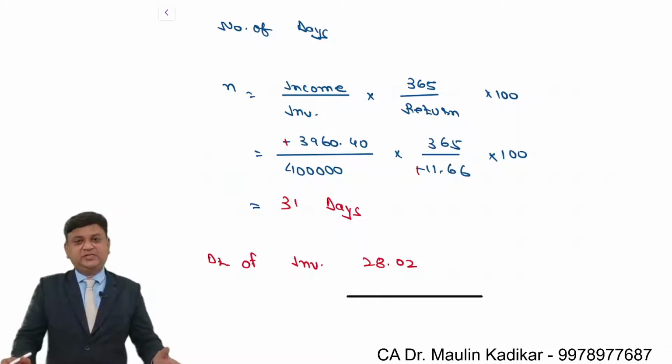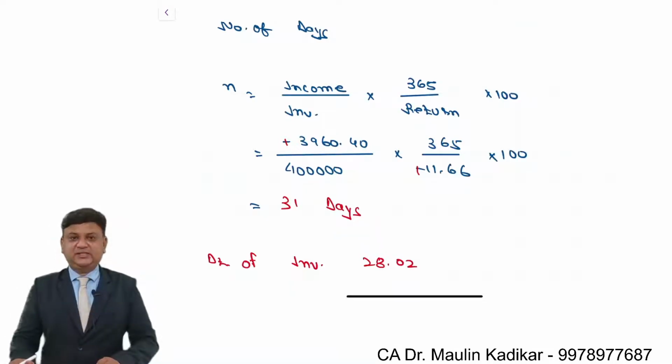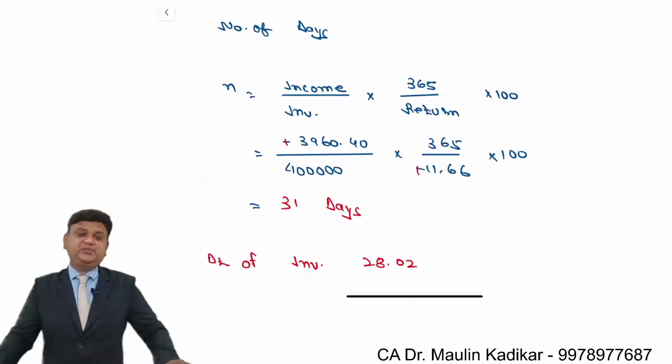If at all we write the answer 1st of March, I believe it is also correct, because taking into account the date on which the investment is made, from that also the number of days can be calculated. So either way the answer is absolutely correct. Right now I have done the answer as per the ICAI suggested answer.